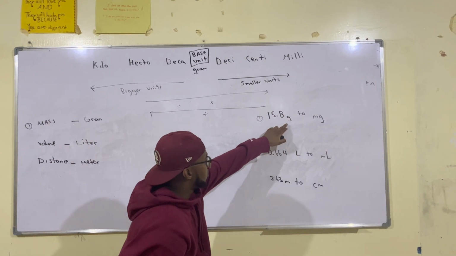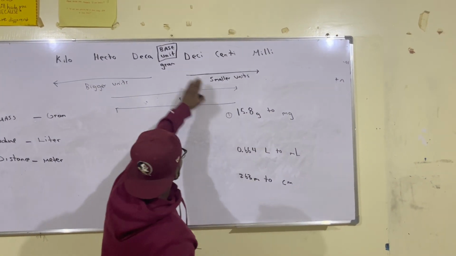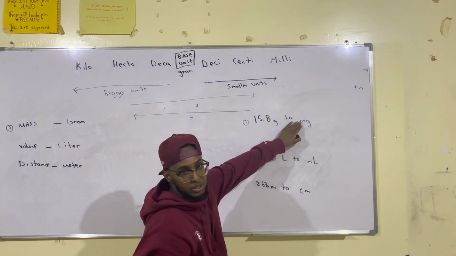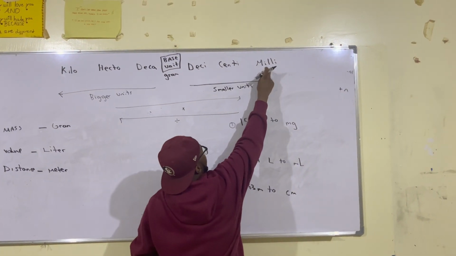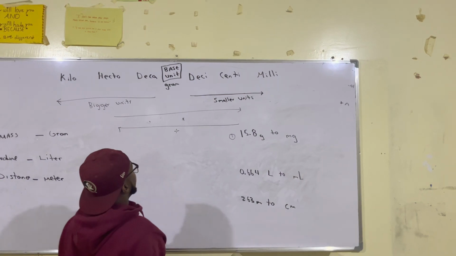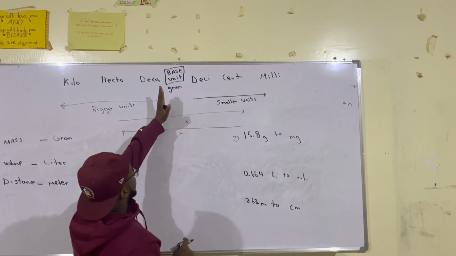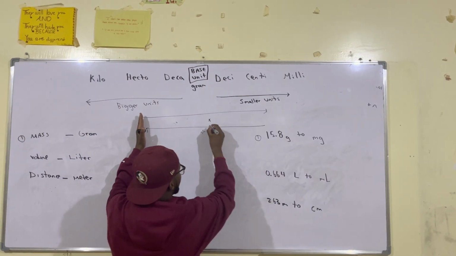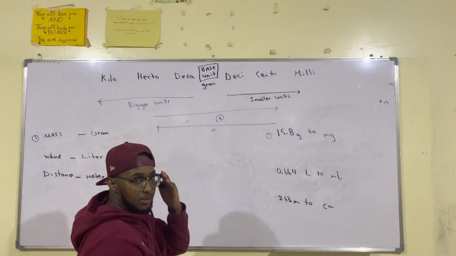So 15.8 grams. So where is grams? Right here. But we're going to convert to milligram. Where's milligrams? Right here. Okay? So we're going from left to right. When we go from left to right, we multiply. Okay?